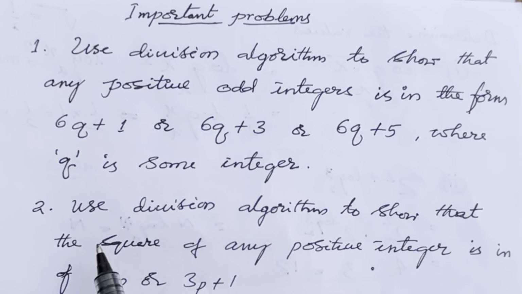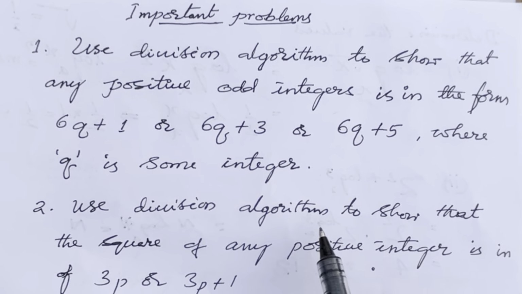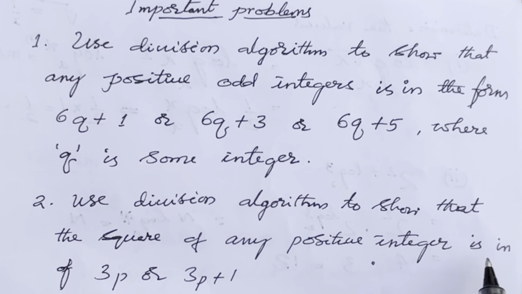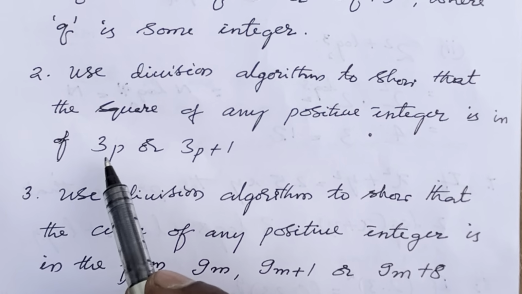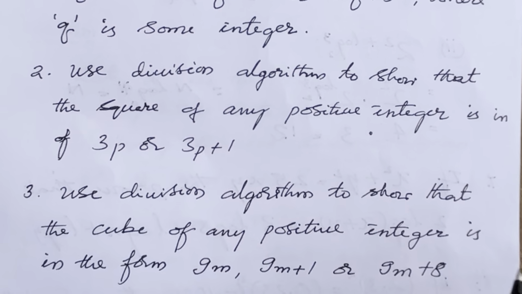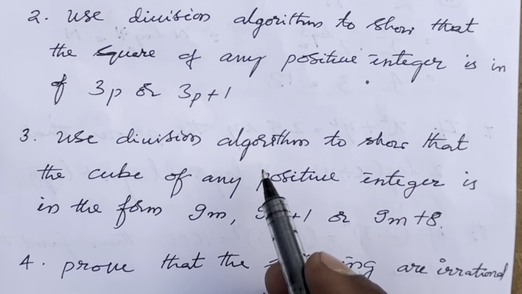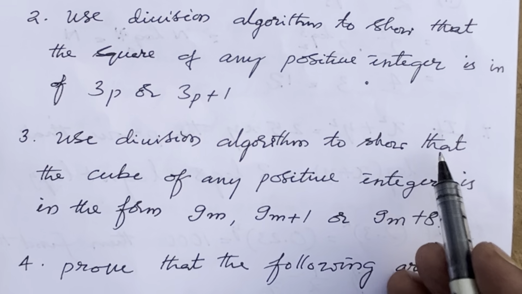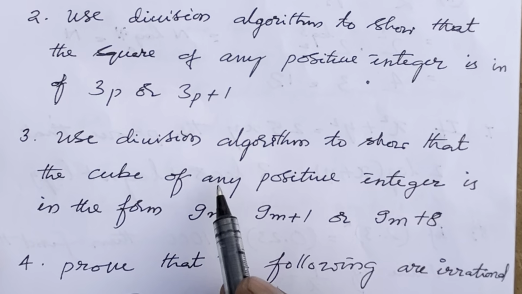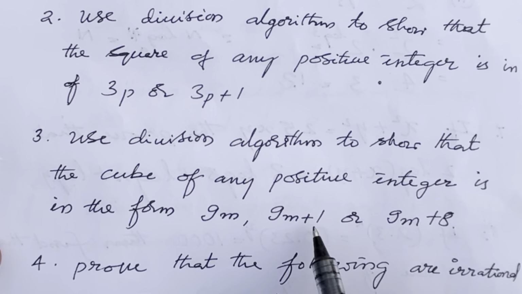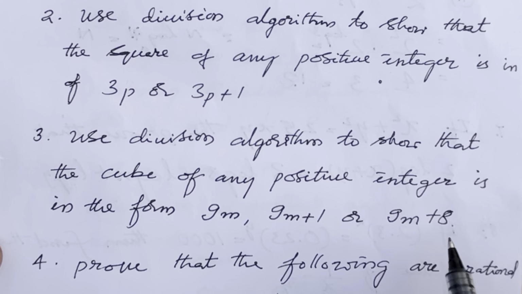The second sum, use division algorithm to show that the square of any positive integer is in the form of 3p or 3p plus 1. The next one, use division algorithm to show that the cube of any positive integer is in the form of 9m plus 1 or 9m plus 8.